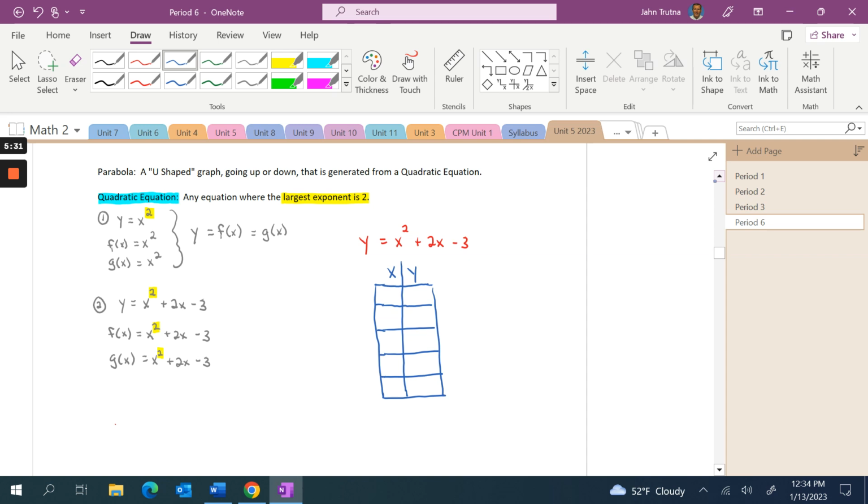We're going to put numbers in the x column, and then we're going to put numbers in the y column. I'm going to tell you what numbers to put in the x column.